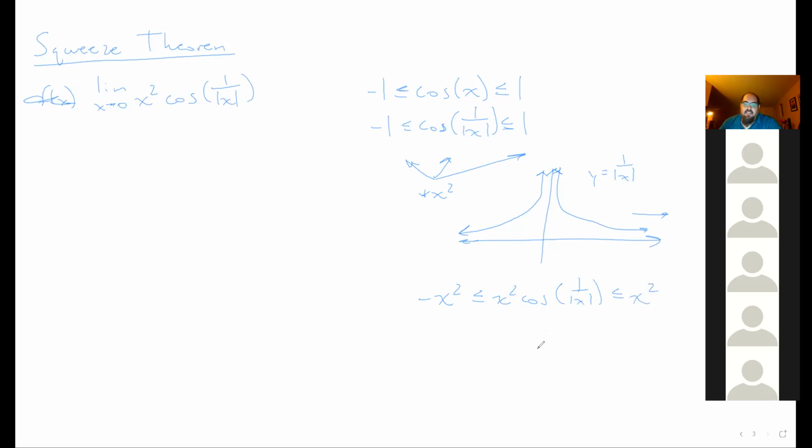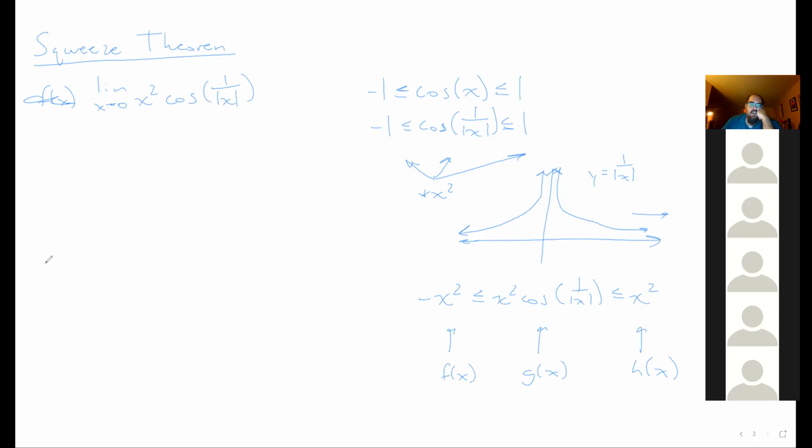The way I presented this in class, these functions were called f, g, and h. The least was called f, the greatest was called h, and the one in the middle, the one I actually care about, is g.